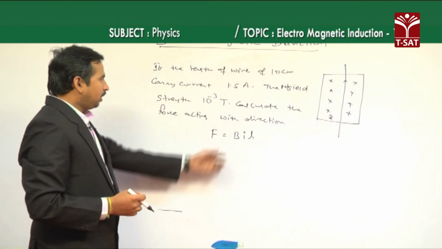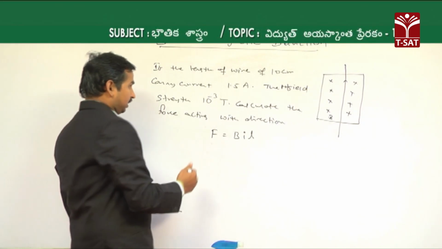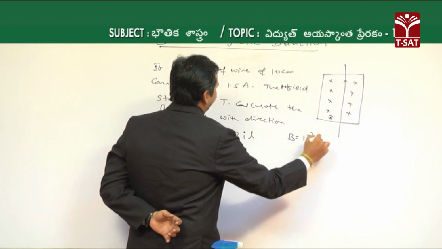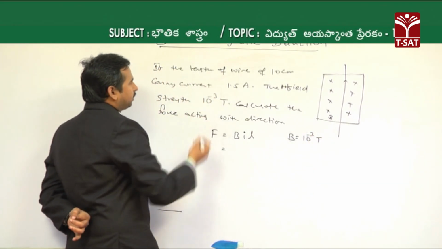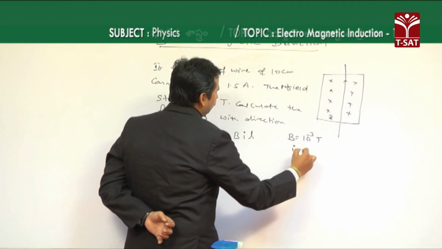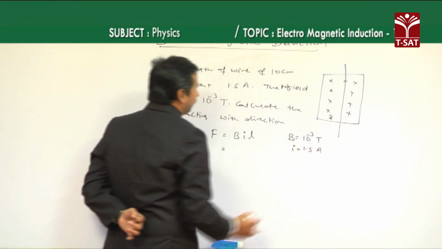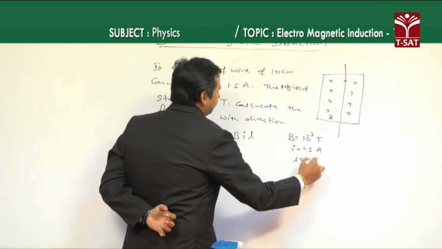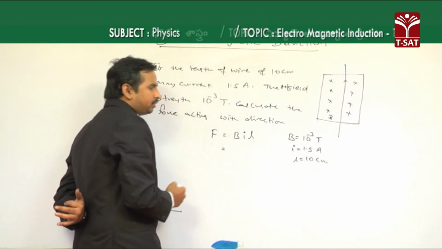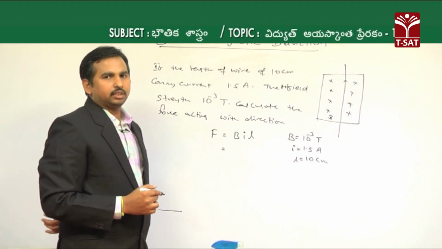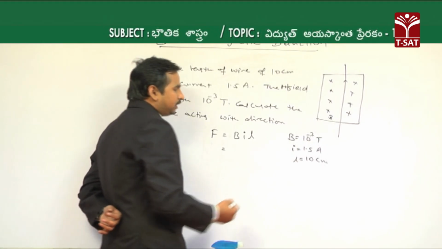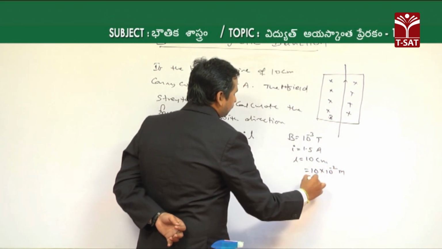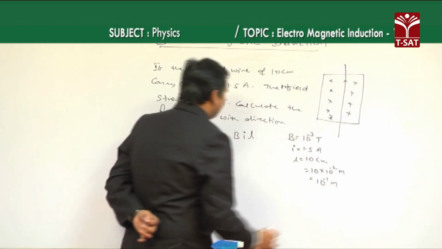B is given as 10 power minus 3 Tesla, the current I is equal to 1.5 amperes, and the length L is equal to 10 centimeters. As these are in SI system, the length also we have to take in SI system, so 10 centimeters converts to 10 power minus 1 meters.